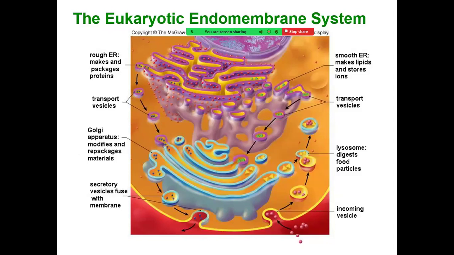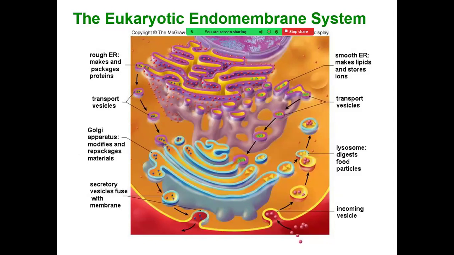The proteins are put in this side of the Golgi apparatus, where they become chemically modified. You can change the protein. For example, you can remove certain amino acids, you can put methyl groups on the amino acid, and you can do other alterations of the protein in the Golgi.